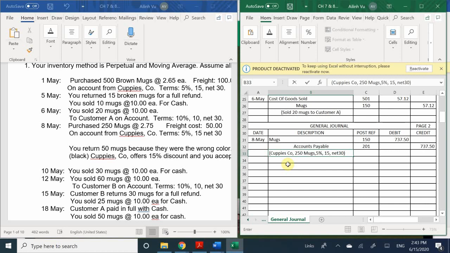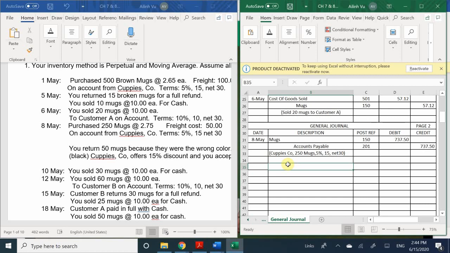Okay, all right. So we updated our inventory worksheet and we updated our journal. Okay. So what happened next? And don't we have to adjust our inventory? We already did that. Okay. So what happened next?